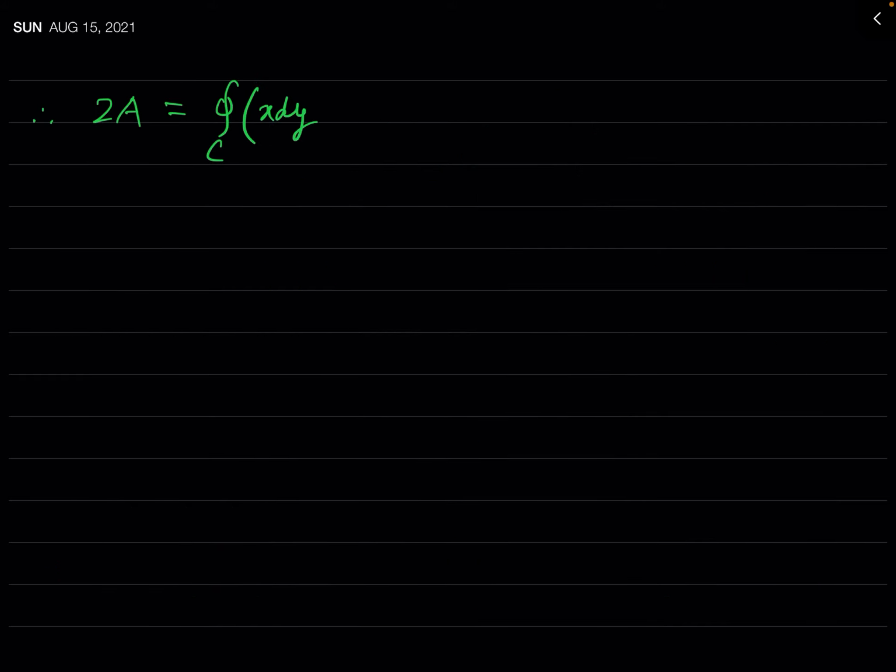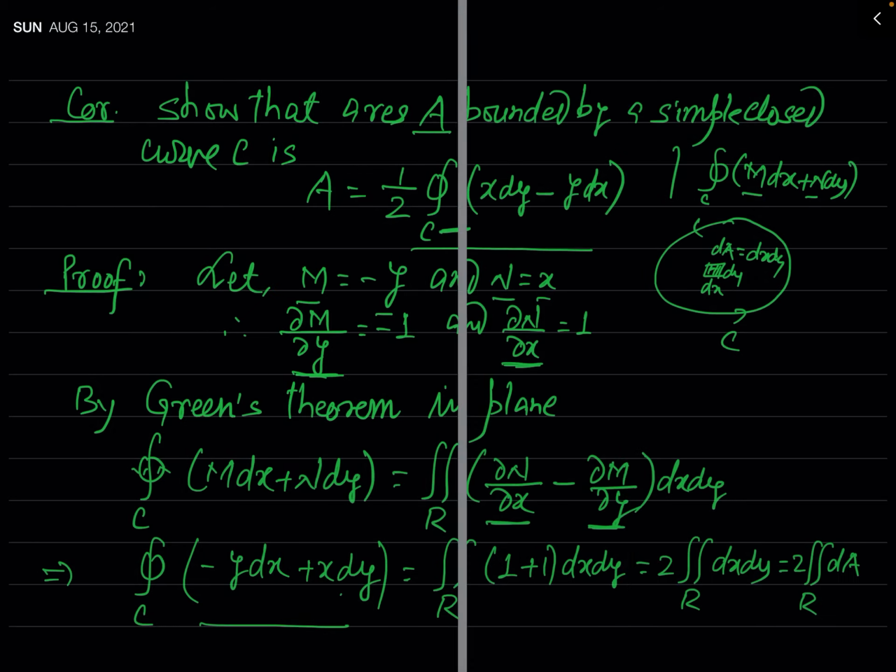So the area enclosed by the closed curve C in the xy plane will be equal to 1 over 2 times the integral along C of x dy minus y dx. And this is the result which we had to prove.